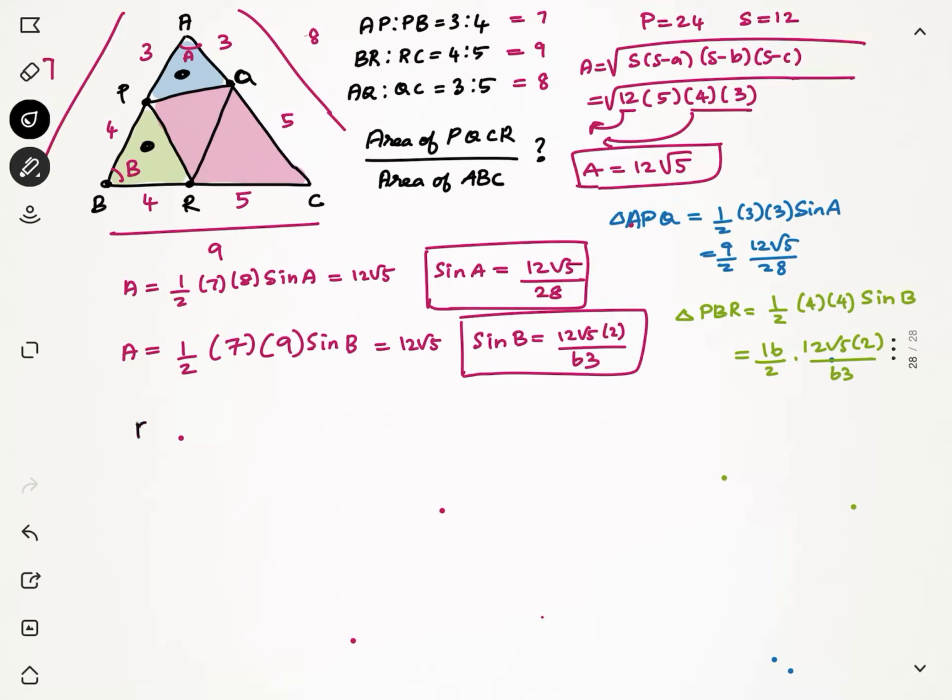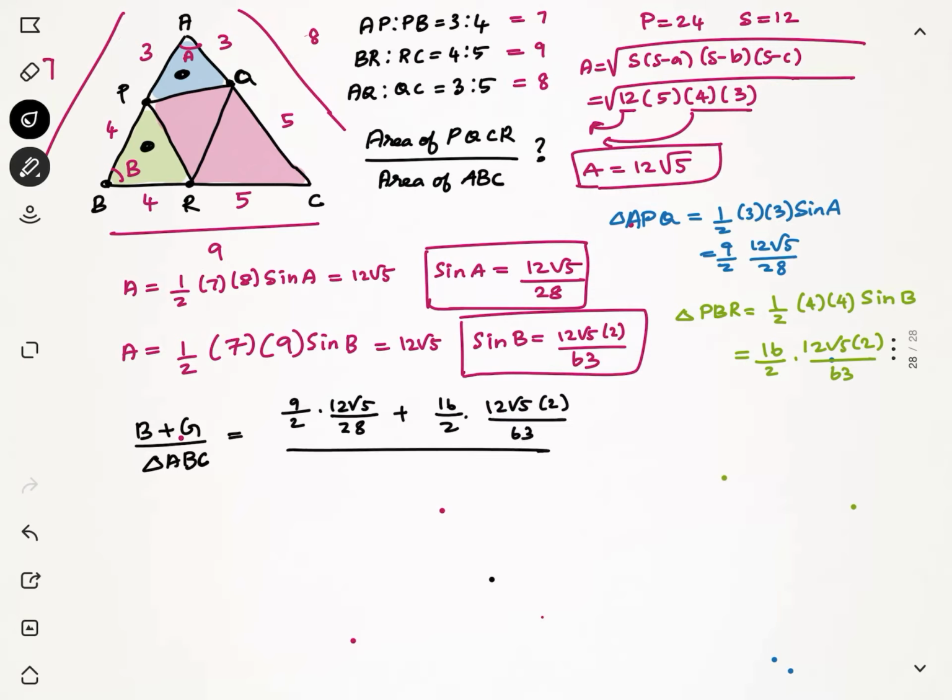So what is my blue color area plus green color area by area of the triangle ABC? That is given by, blue color area is 9 by 2 into 12 root 5 by 28, plus what is green color area? Green color area is given by 16 by 2 into 12 root 5 into 2 by 63. The whole divided by what is the area of the triangle ABC?